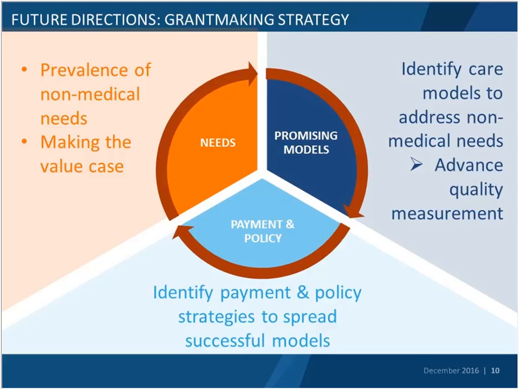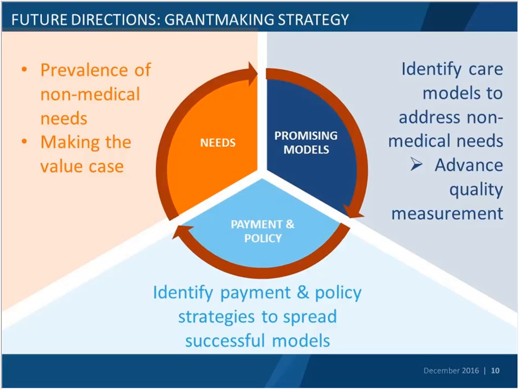On the right side, we focus on promising models to address patients' healthcare needs and how do we facilitate the healthcare system being able to address patients' needs as appropriate and in an efficient way. So we are focused on how do we, for example, create tools or models for connecting patients with community-based resources.